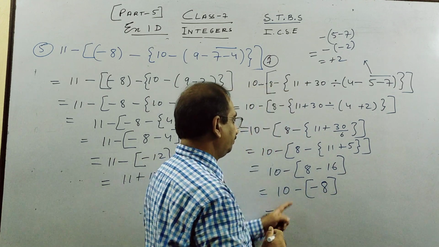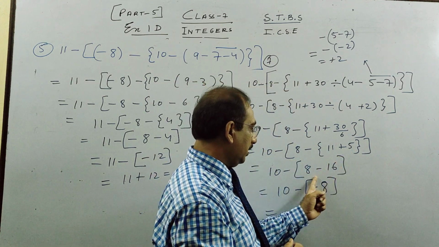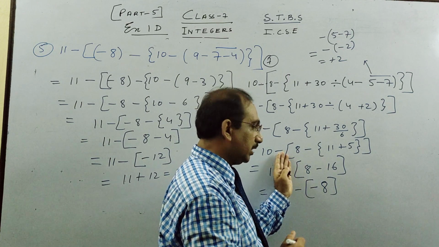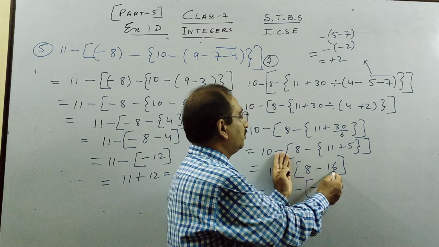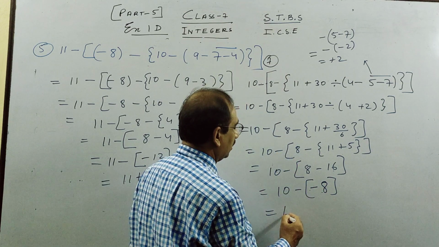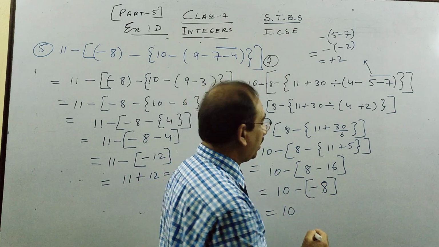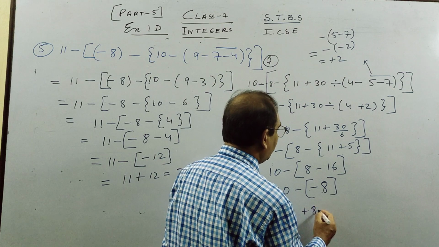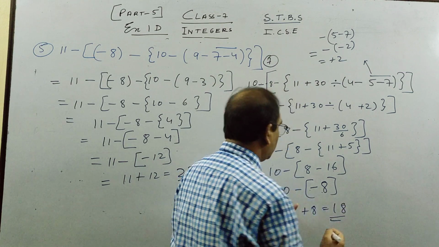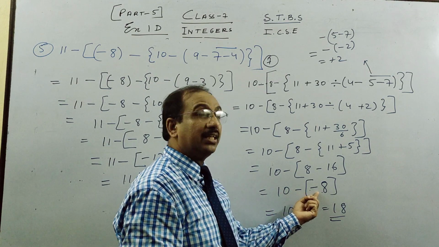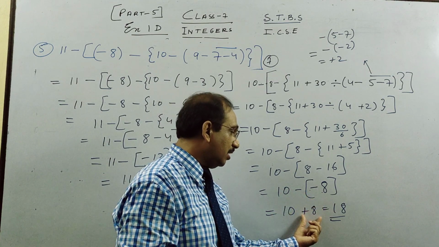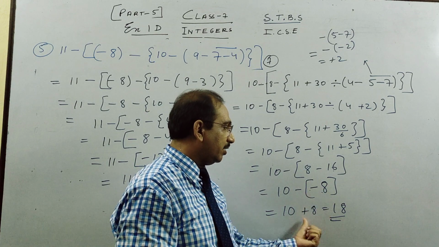Plus minus: subtract the smaller from the larger and put the sign of the larger. Then again the same concept: minus minus becomes plus only with the sign. Otherwise, what is the concept? Minus means plus the additive inverse of minus 8, which is plus 8. So you add the additive inverse of this.